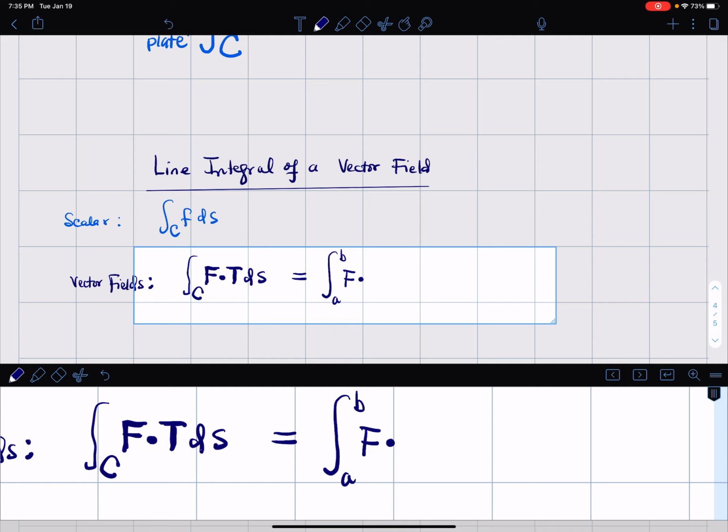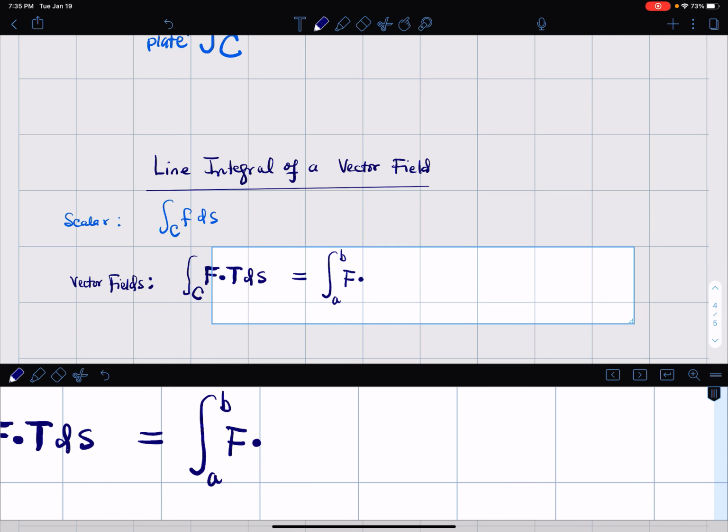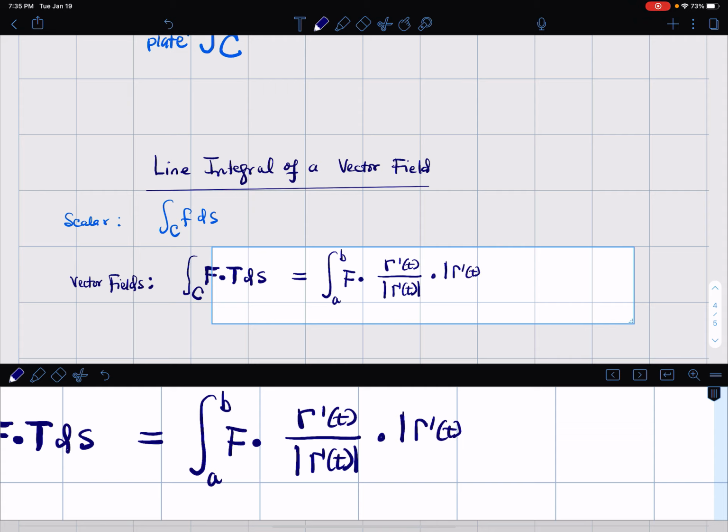We're going to think of T as the unit tangent vector. So this is going to be r prime of t divided by the magnitude of r prime of t. That's how we compute the unit tangent vector. And remember that ds is equal to the magnitude of r prime of t dt.